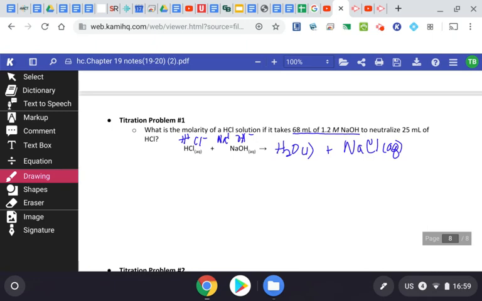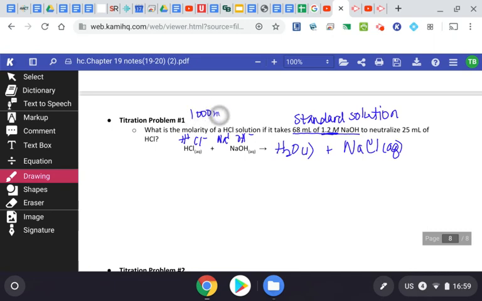All right, the next step is starting with our standard solution. Sodium hydroxide here is our standard solution, and we know that because we know its molarity. The molarity is 1.2 molar. So we said that we're going to take our volume and multiply it by our molarity to get moles of sodium hydroxide. But our volume had to be in liters.